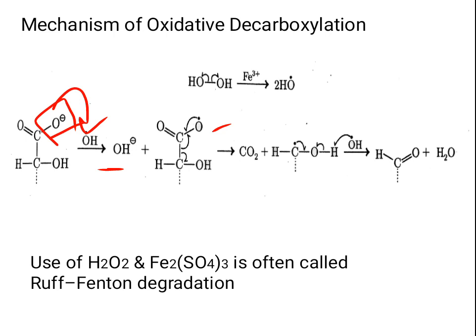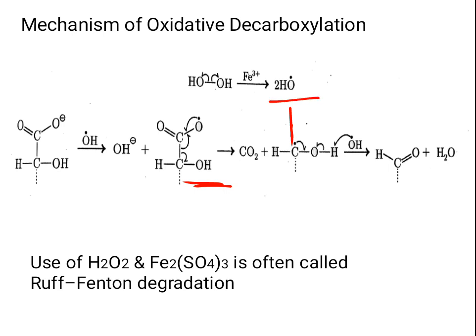This O minus is becoming the O radical, and after that this radical will come here. This bond will also be cleaved. That means here will also occur a homolytic cleavage, and after that you will get this carbon radical, and this OH group will also be cleaved now.